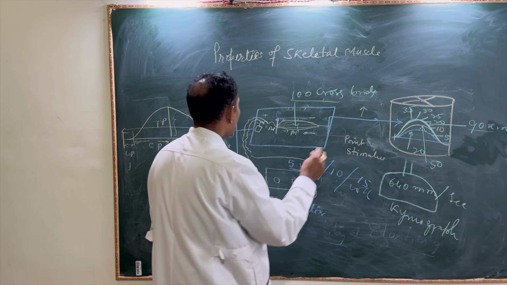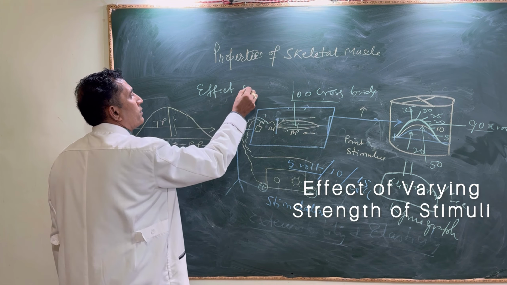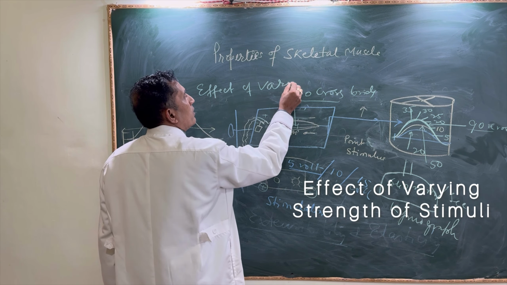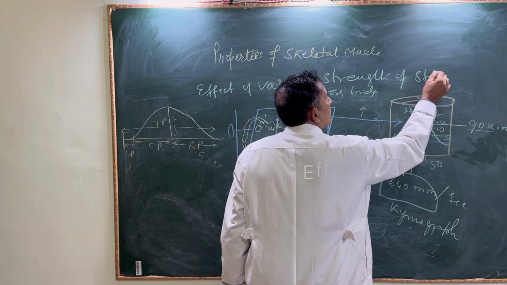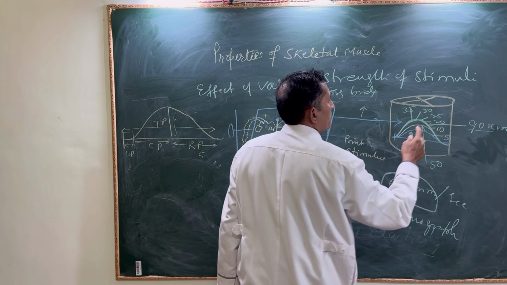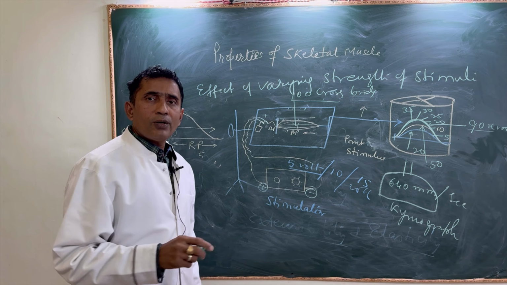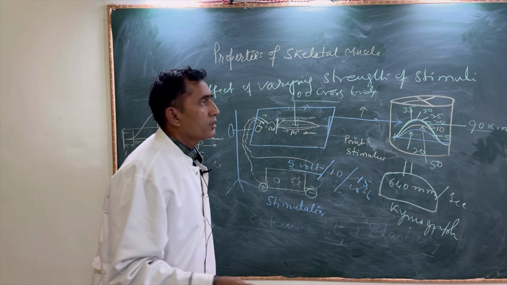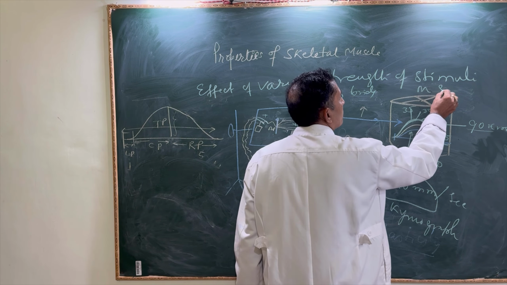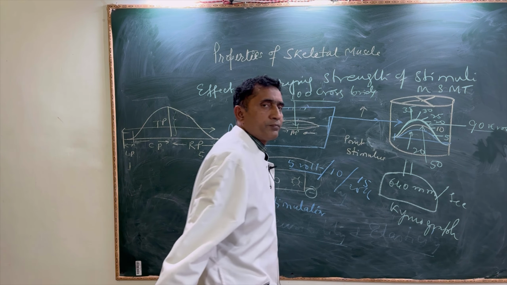So this experiment is known as the effect of varying strength of stimuli. Earlier it was the effect of temperature on simple muscle twitch. Here it is the effect of varying strength of stimuli on simple muscle twitch.